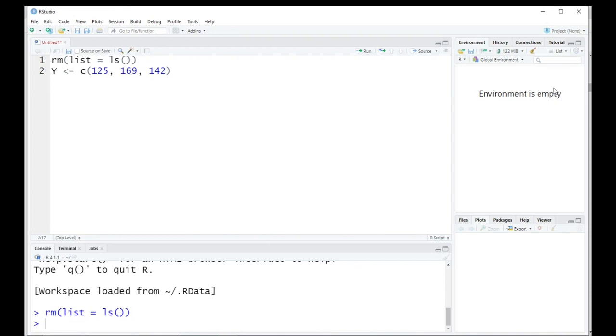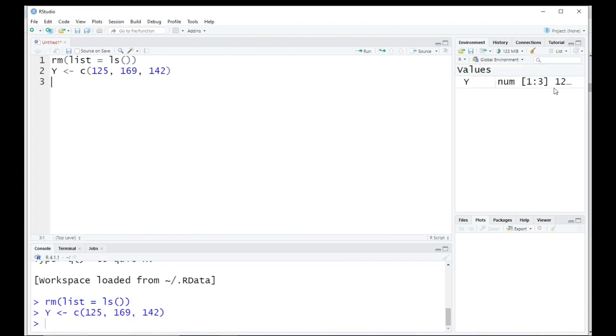Okay, so we have a new object now in our workspace, and it is a numeric vector hosting the result. So we have a sample of size equal 3.